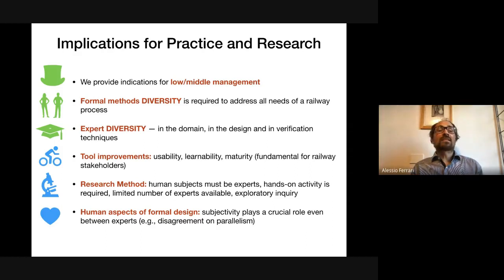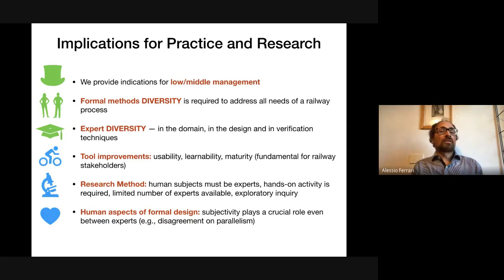So we need diverse expertise, people who have expertise in the domain, but also in different formal tools. And we have to consider that an expert in a certain tool may not be the right expert to develop a model with another tool.